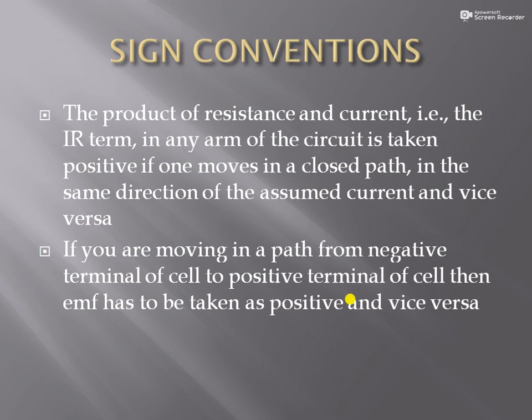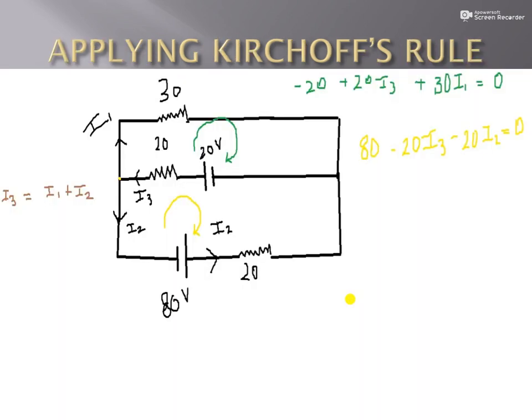In the initial stage, you might find it very confusing, but the next application will tell you how to apply these sign conventions in numericals. For example, here is a circuit as shown to you. There are two loops. One is this and the second one is this. The first thing that you have to do is apply the junction rule.